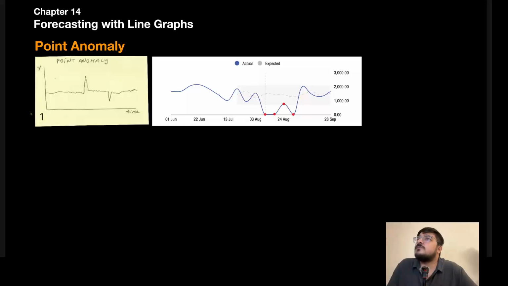Your actual values are on the blue line, which is going below that gray background color slab. So that's called an anomaly. It was expected to go in the same direction as earlier, but no, there were some sudden downs and one singular up and then again down.